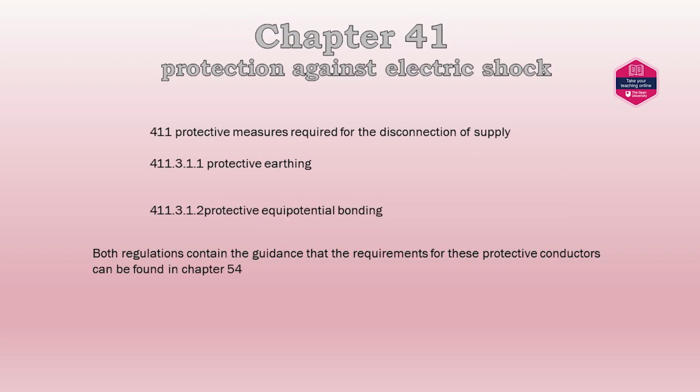Having established what earthing and bonding are, we can now look at Chapter 41, Safety from Electric Shock, at the technical requirements. Regulation 411.3.1.1 is what's required for earthing, and Regulation 411.3.1.2 addresses bonding.